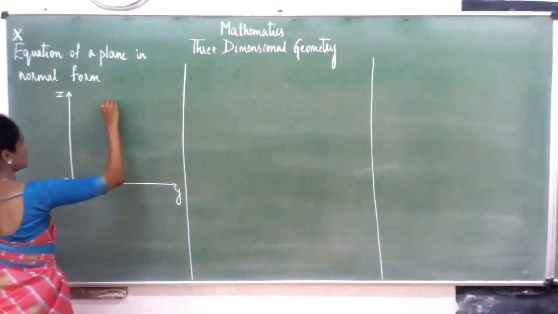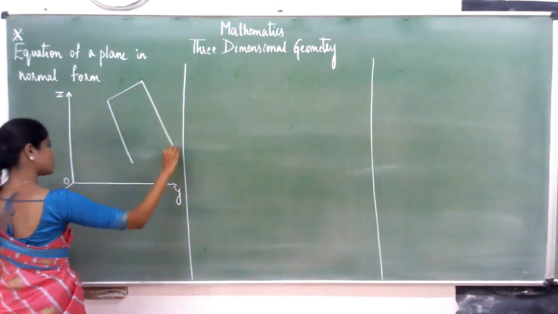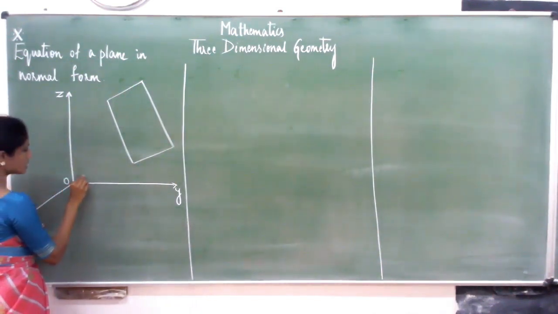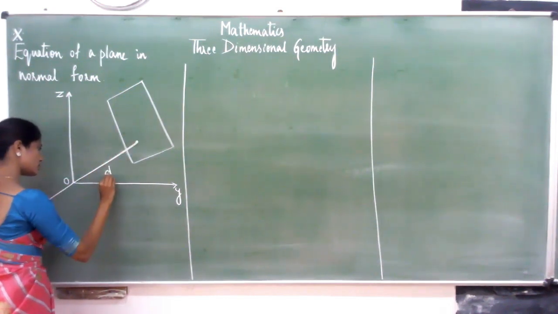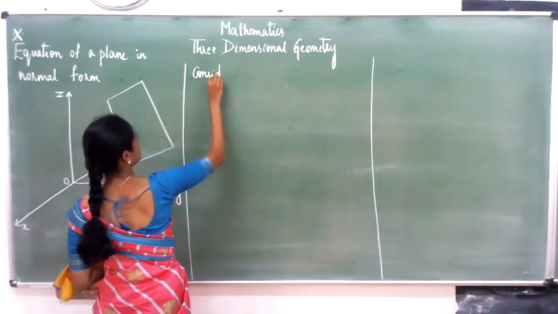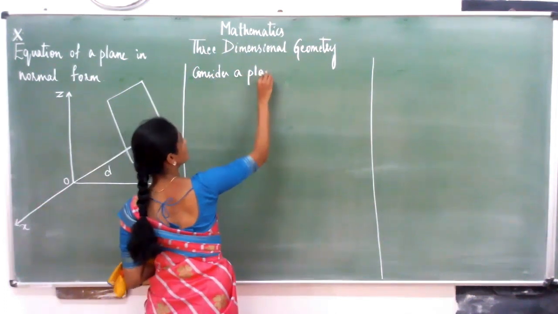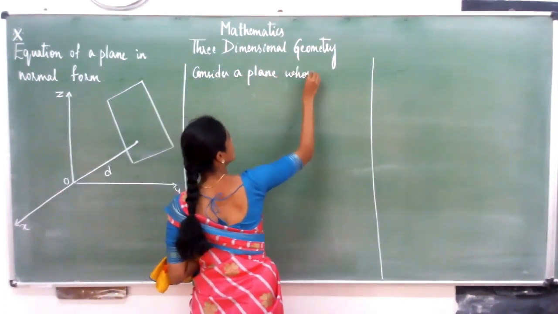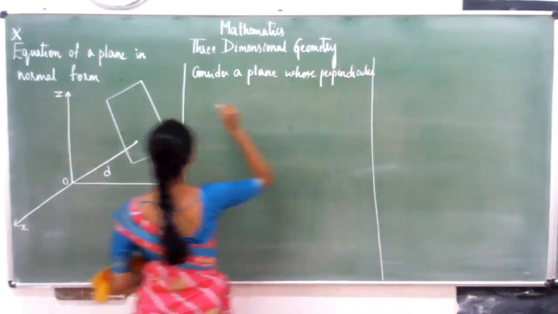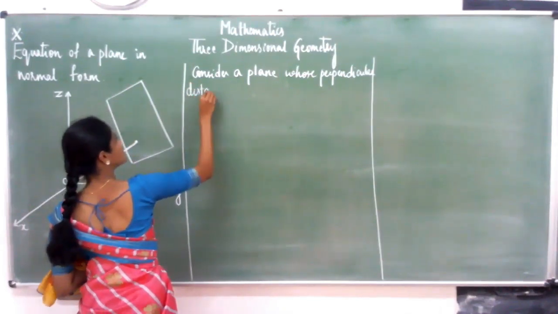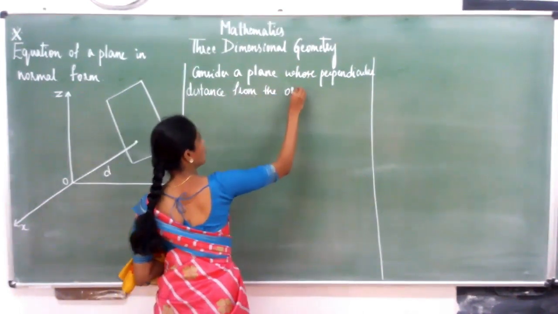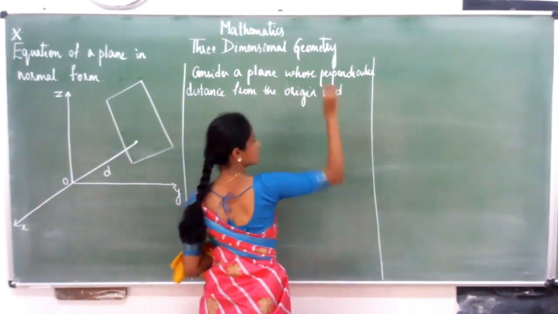So let us consider a plane whose distance from the origin is d. Let us write what we have considered. Consider a plane whose perpendicular distance from the origin is d.